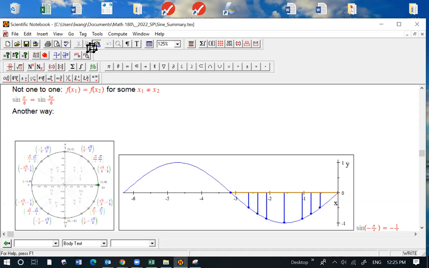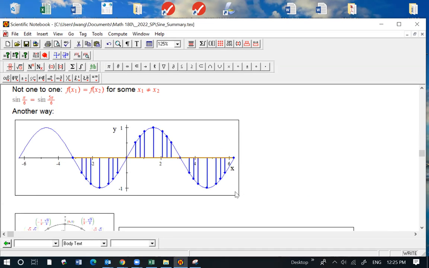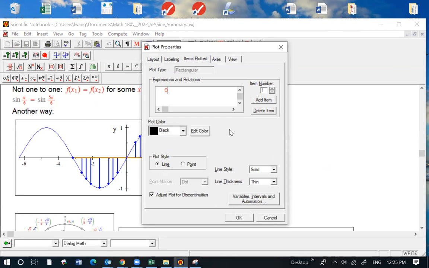Draw a horizontal line. For example, I'm going to draw this horizontal line, which is y equals half. Let's see, what color do we want to use? Maybe yellow, maybe a light green, with maybe a broken line.